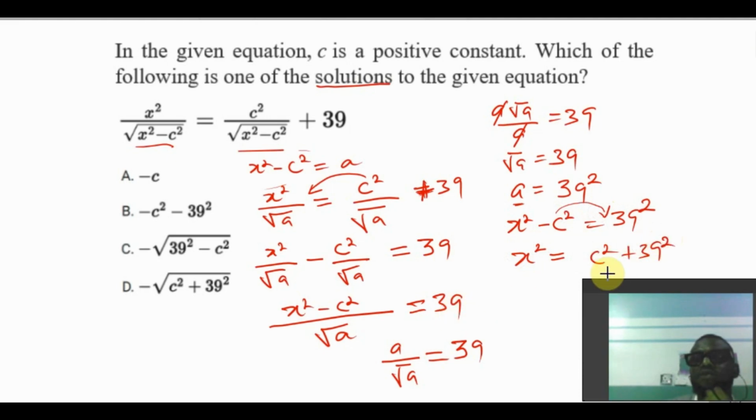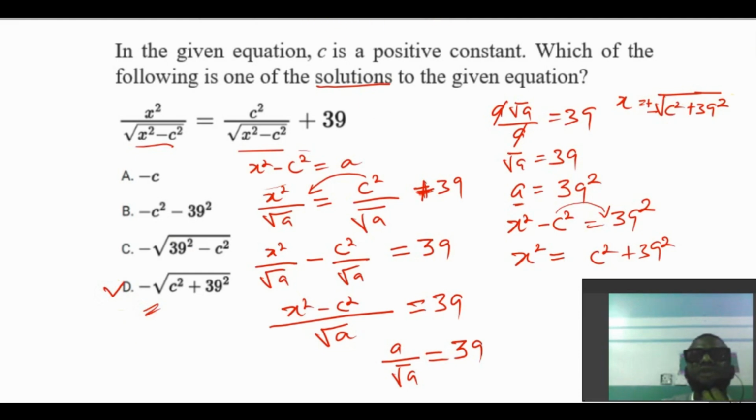Now I can find the square root of both sides. So x becomes the square root of c square plus 39 square. Remember, plus or minus. So x can either be plus the square root of c square plus 39 square, or minus the square root of c square plus 39 square. I think the answer is D.